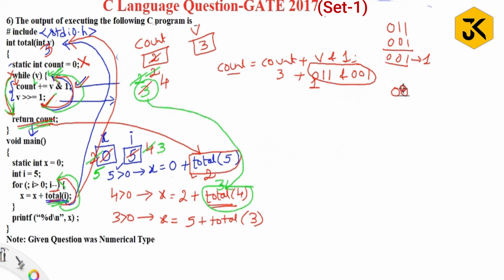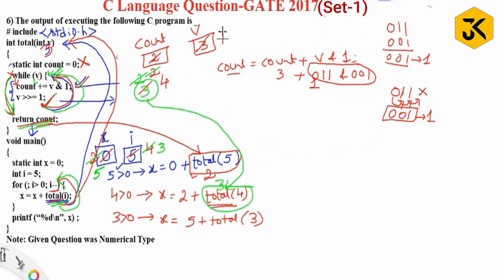V value 3, I can represent in binary format as 0, 1, 1. If I right shift, this 1 will be discarded. This 1 will come here, this 0 will come here, 0, 0 will come here. So 0, 0, 1. 0, 0, 1 in decimal format is 1. It will be updated here.